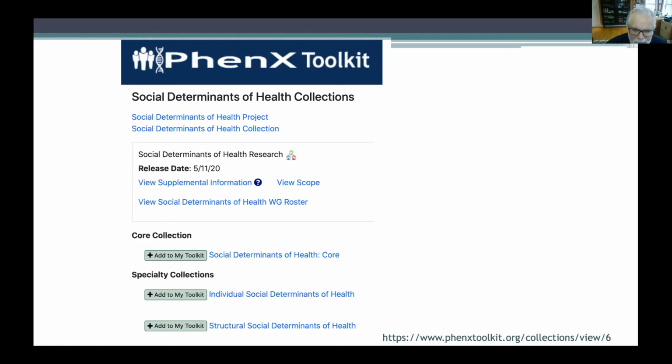These are harmonized measures that have been developed by the NIH in this process to come up with measures everybody will agree with. The core includes things like family income, employment status, food insecurity, as well as demographics, age, gender identity, and so on. And in addition to the core, there are some specialty collections for individual level social determinants and structural level social determinants.